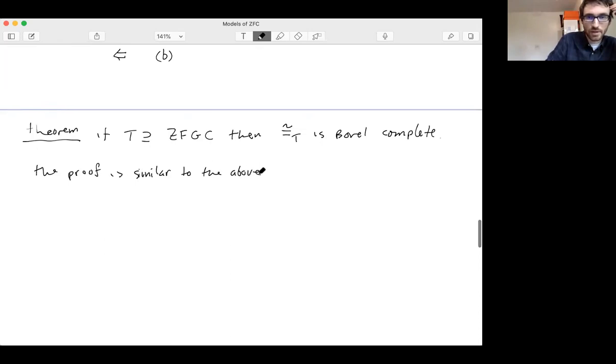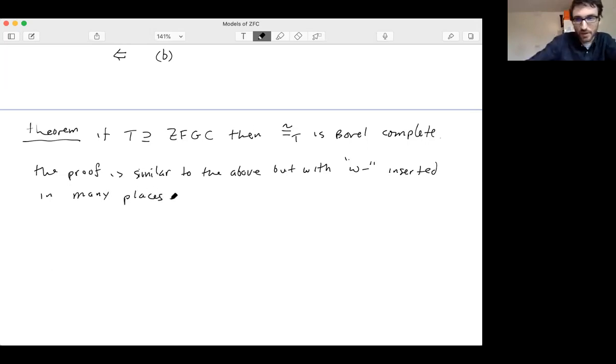Every model of ZFC contains an omega, which is a model of PA, and we just work inside there, but with omega-hyphen inserted in many places. I will say more than just this, but this may satisfy you, or it may not.